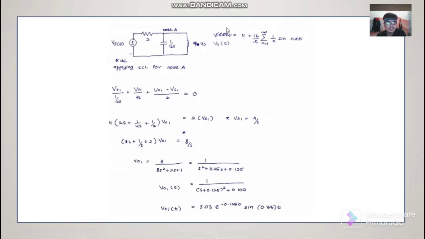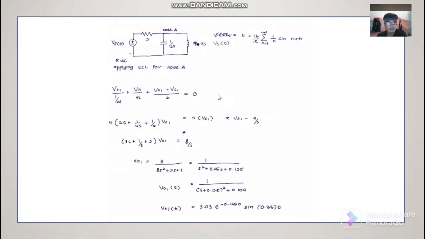Firstly, we will do the DC analysis. So we apply KCL at node A. We do the KCL method: VO1 over 1 over 2S, plus VO1 over 4S, plus VO1 minus VS1 over 2, equal to 0.